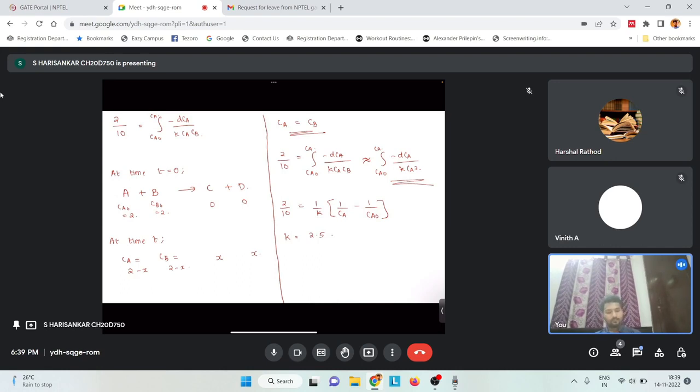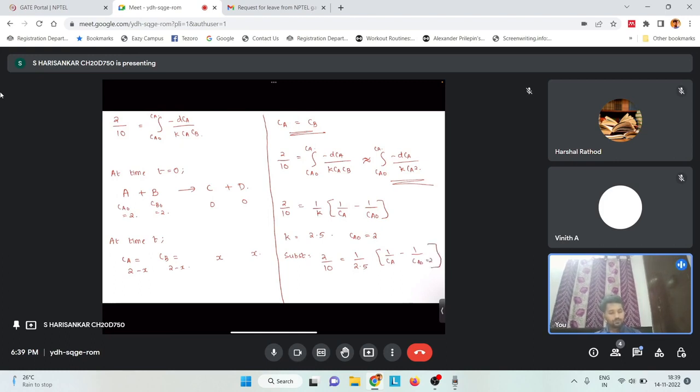So we have k is equal to 2.5. We also have Ca0 is equal to 2. Substitute these values. We'll get 2 by 10 is equal to 1 by 2.5 into 1 by Ca minus 1 by Ca0, which will be 2.